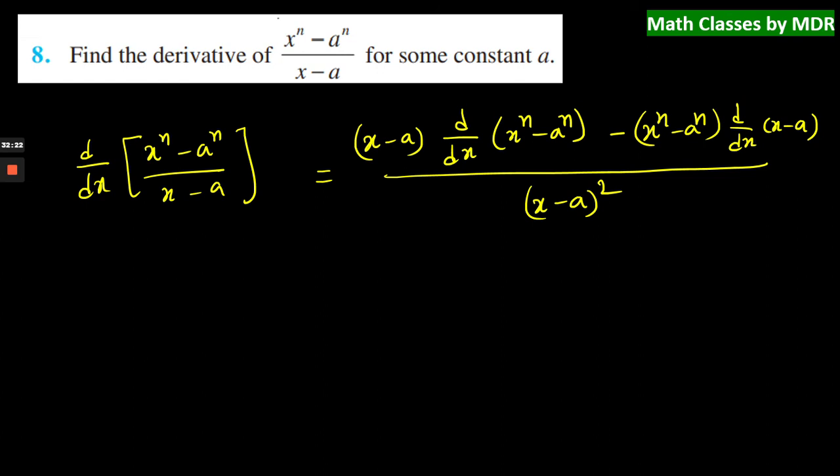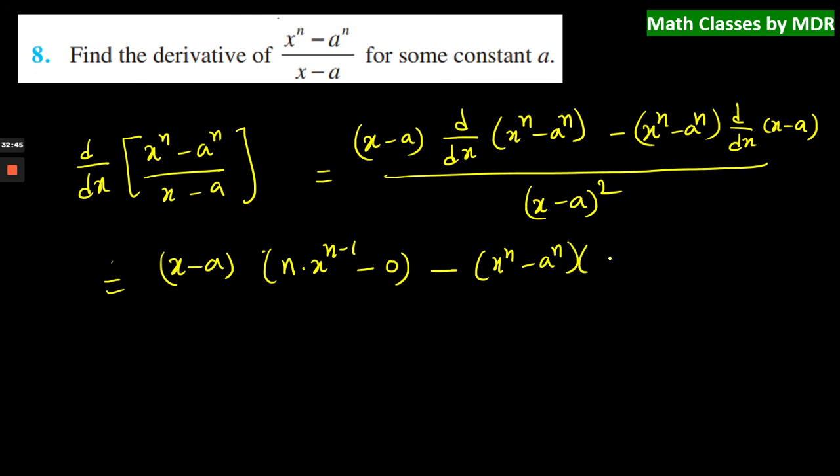So which is equal to, what is x minus a? D by dx of x to the power n, I can take it as n into x to the power n minus 1. So a is a constant, so a power n, d by dx of a power n, is 0, minus x to the power n minus a to the power n into d by dx of x, which is 1 minus 0. Then divided by x minus a whole square.